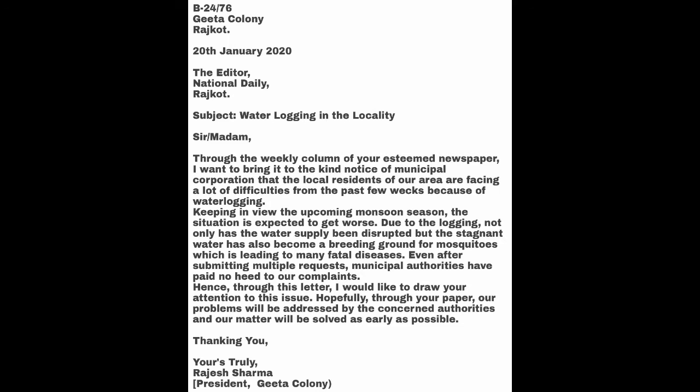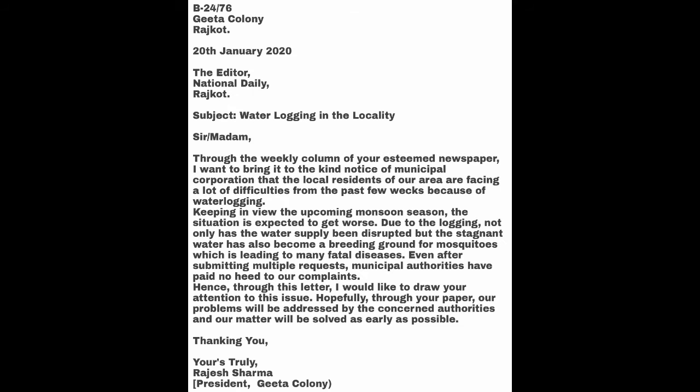After that, to whom we want to send the letter. As it is a formal letter, we write formal letters to officers, to any institutions, to any newspapers, offices. Those are the institutes where we have to write formal letters. So this person is writing a letter to the Editor, National Daily at Rajkot.